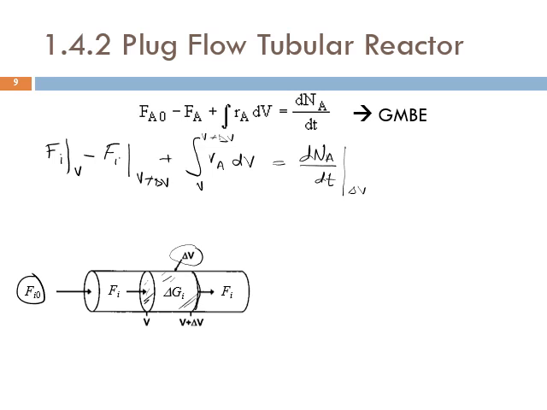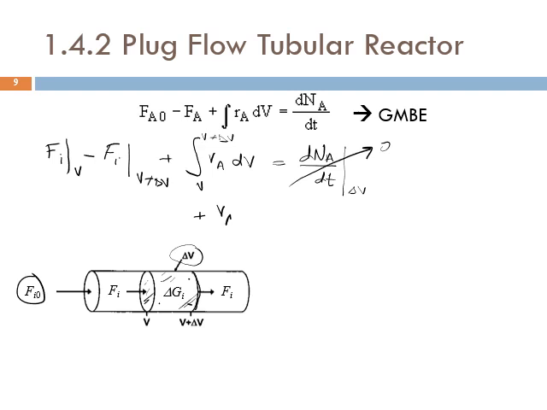Okay, so let's see. It's a plug flow reactor operated at steady state, so no accumulation, right? No accumulation. What else? Delta V is very small, so the rate of reaction is uniform throughout the volume. It's the same everywhere. Rate of reaction here, same rate of reaction here, same rate of reaction there, and so on. So we can take the rate of reaction outside the integral, right?